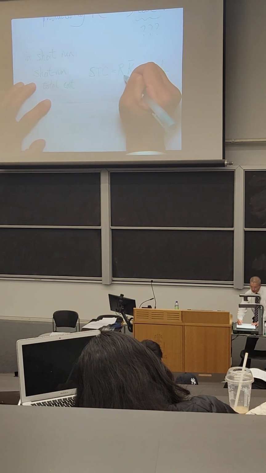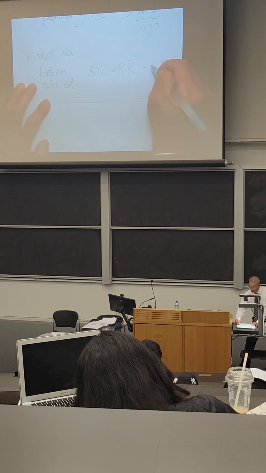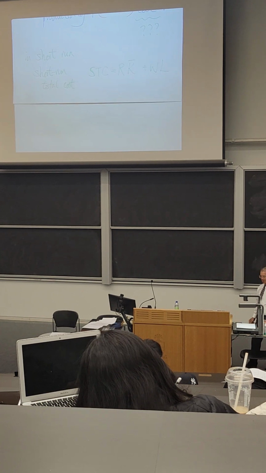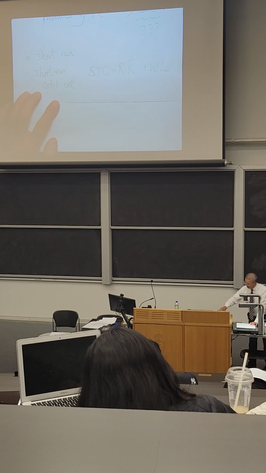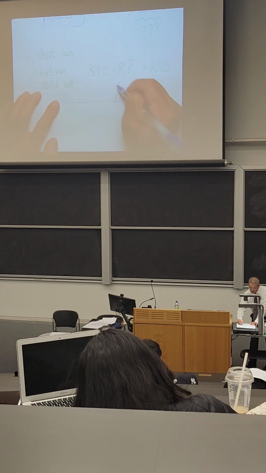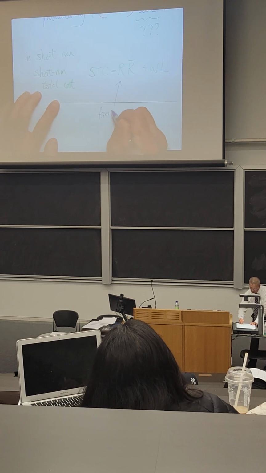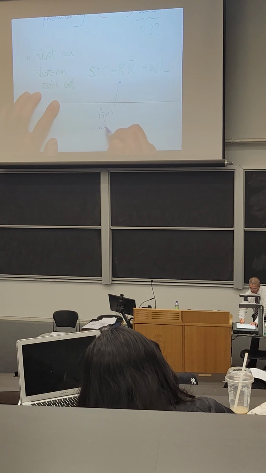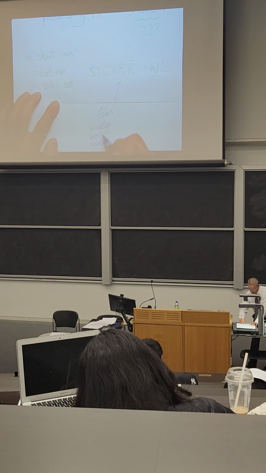Capital, we use R. Labor, we use W. Why? Well, because firms usually borrow money to buy machines.